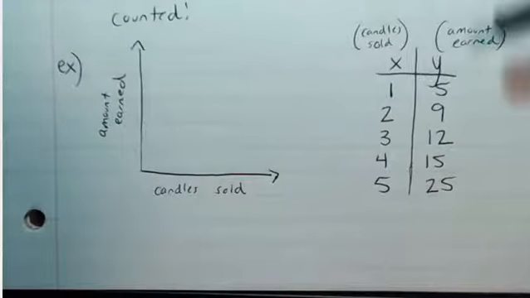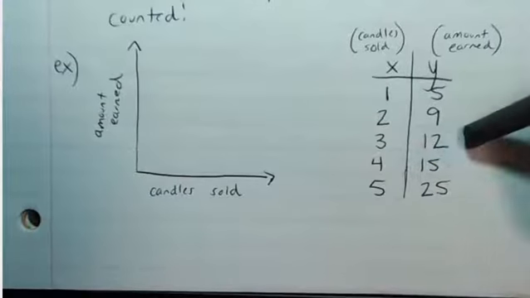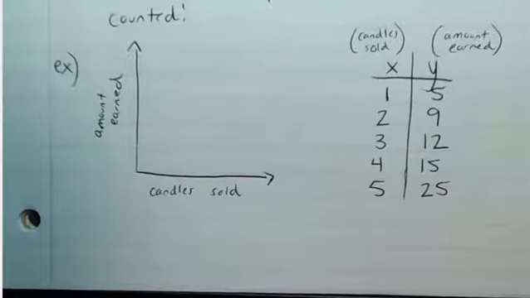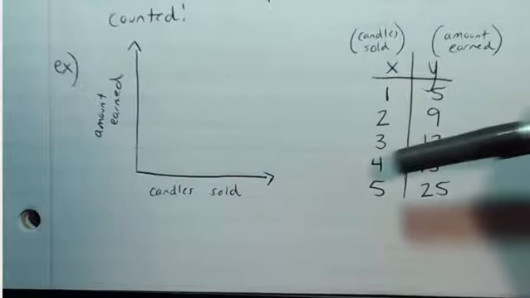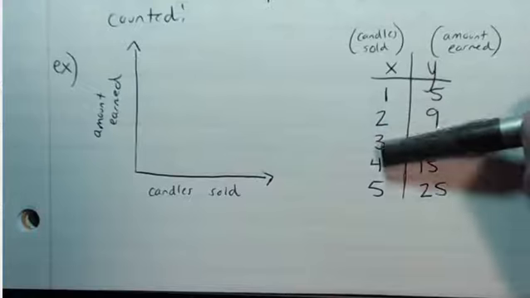Now, how would I tell if this is a continuous or discrete graph? Well, if I think about it, this is a discrete graph because can I have 1.5 candles sold? No. Can I have 3 1/4 candles sold? No, it's whole candles.